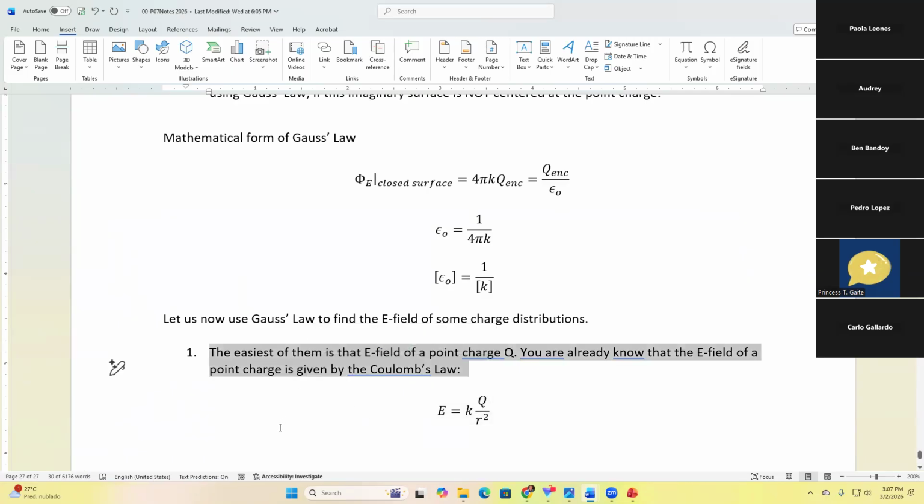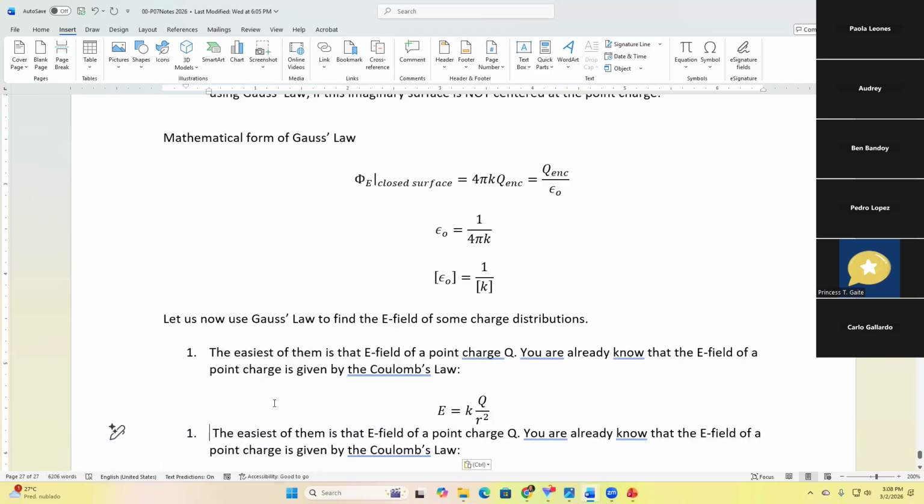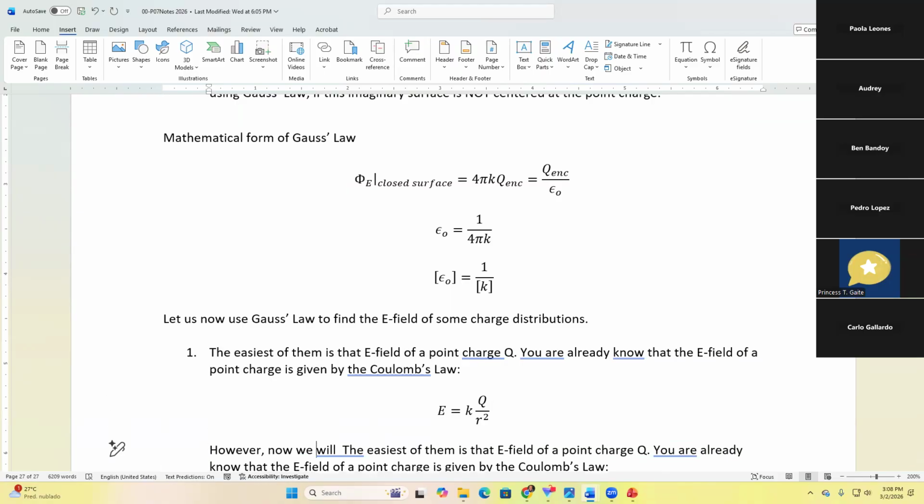However, now we will use Gauss's law. Now we use this Gauss's law to find the same expression for the electric field, assuming that we don't know Coulomb's law for the electric field.